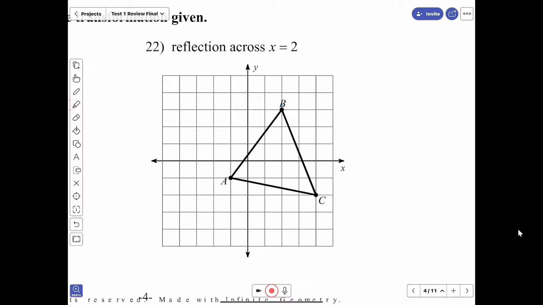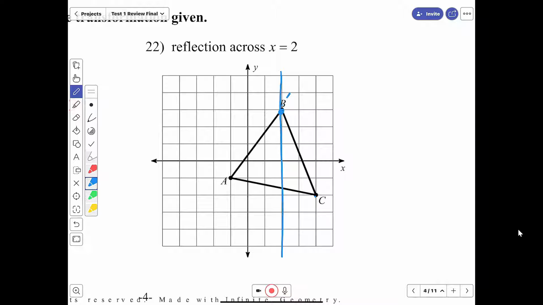This one is going to take a little bit of, not time, but a little bit of understanding. Remember that our reflection is across x equals 2, and so this is your mirror, and you notice that B prime is the same place where B is.